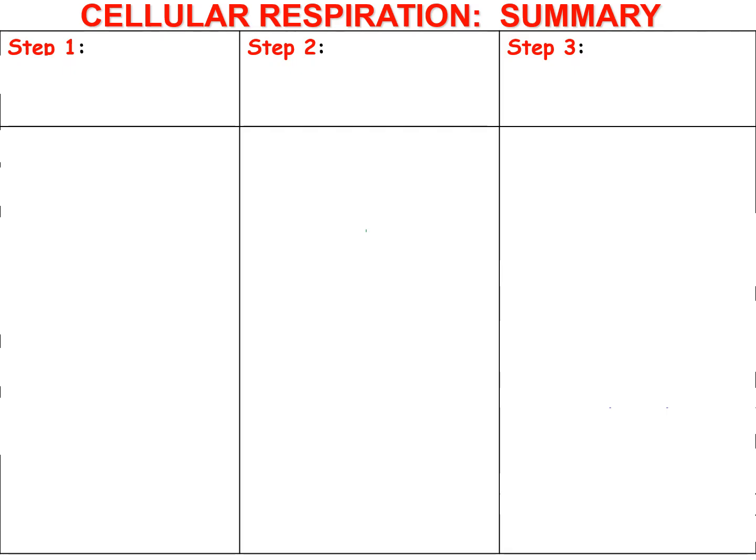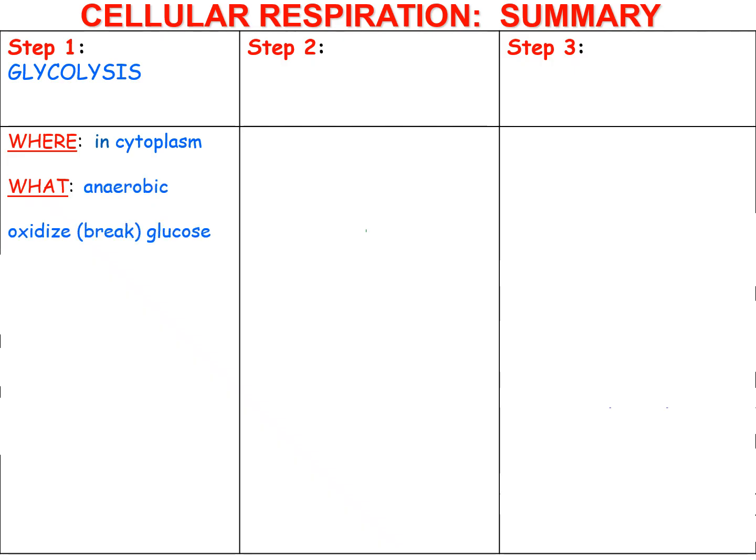Alright, so the first step is glycolysis, and it takes place in the cytoplasm. It is anaerobic. It oxidizes glucose. It generates 2 G3Ps first, which are changed into 2 pyruvates.